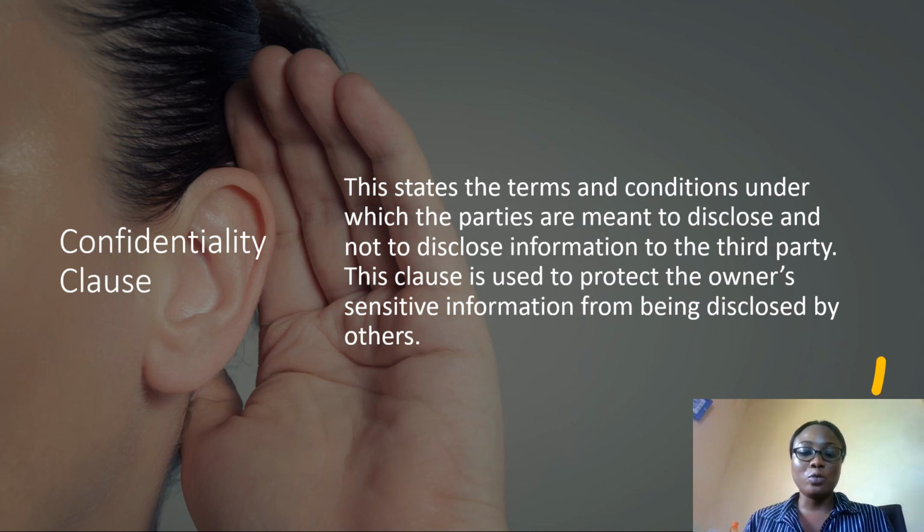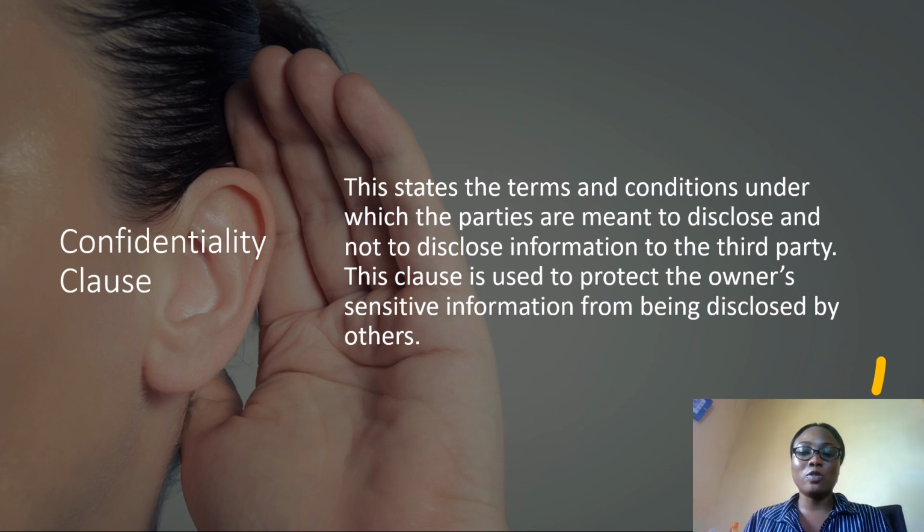The clause is used to protect the owner's sensitive information from being disclosed by the other party. There are situations where, during the contract, there are some services that you would want to render to the party in the contract. In the process of rendering these services, some sensitive information might be disclosed to the other party.